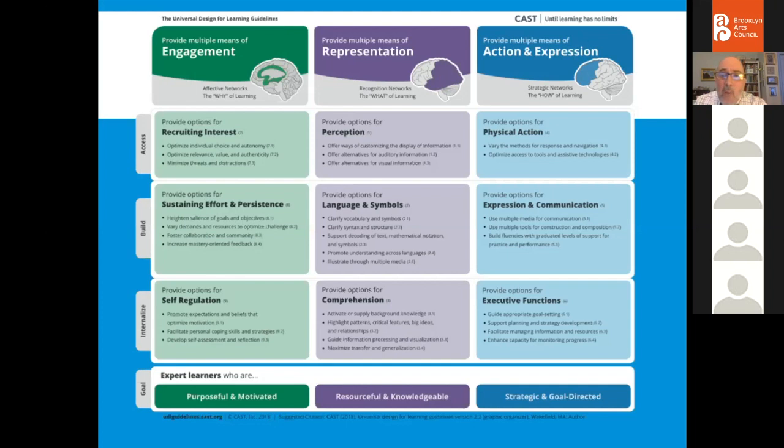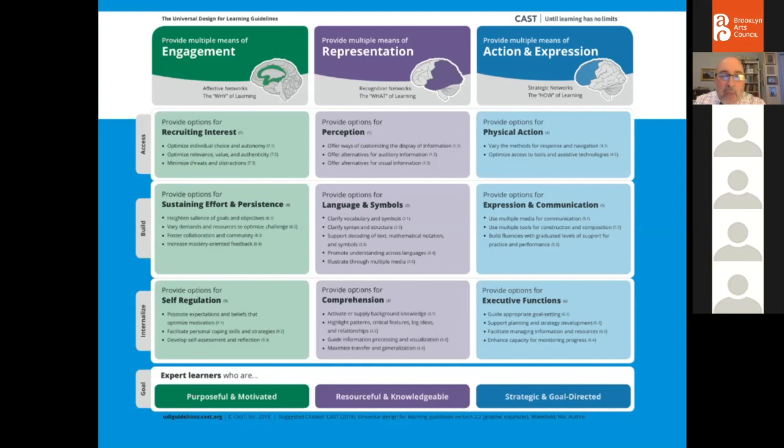I want to call attention to the three main sections that are in different colors from left to right. Green: provide multiple means of engagement, and the three main guidelines below that: options for recruiting interest, options for sustaining effort and persistence, and options for self-regulation. Then in the center section, the purple section: provide multiple means of representation.